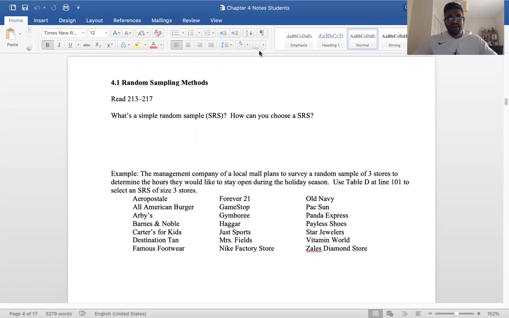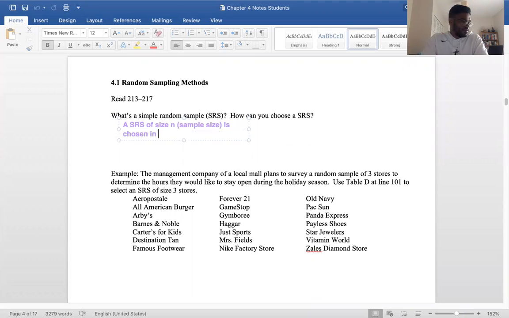One of the ways we can do that is with this method called SRS, or simple random sampling. The technical definition is an SRS of size n, so that's your sample size. Say you take 50 people, n would be 50.